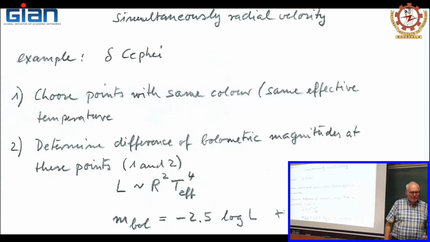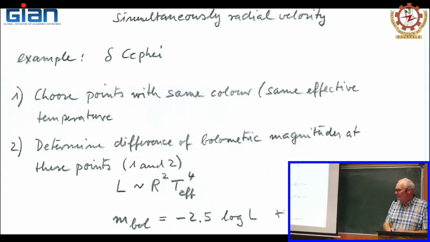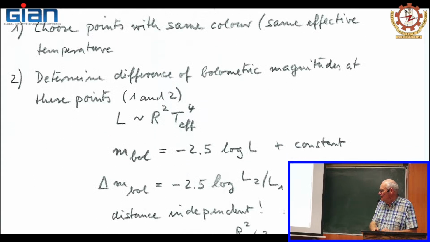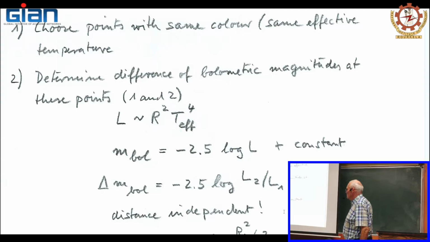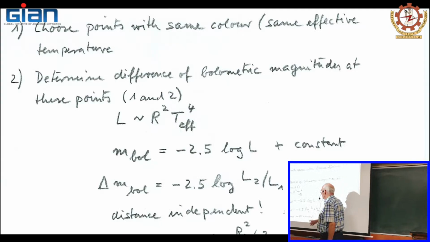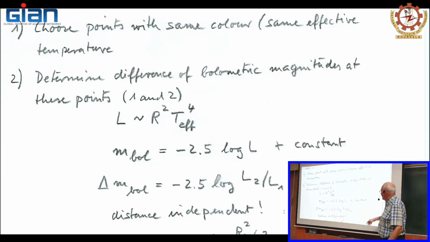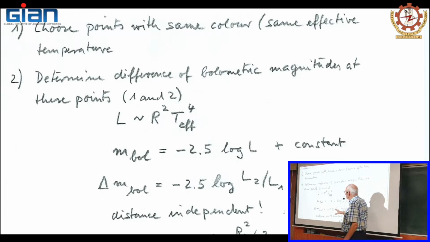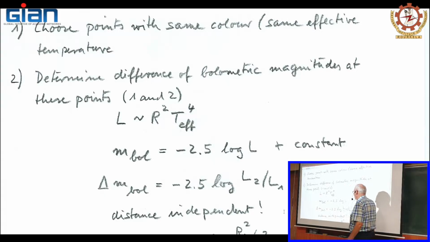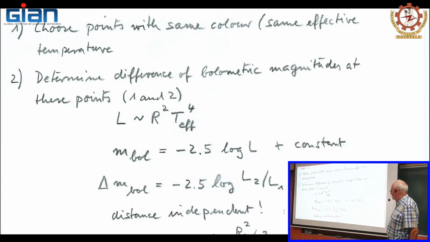The bolometric magnitude is connected to the luminosity by the relation: bolometric magnitude is minus 2.5 log L plus a constant. Then the difference in bolometric magnitude at some point of the light curve is minus 2.5 times the logarithm of the ratio of the luminosity at point 2 divided by the luminosity L1.